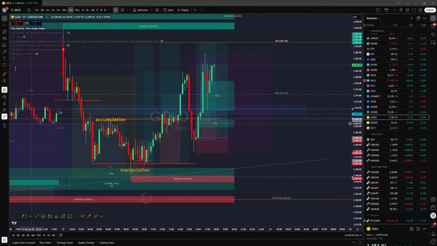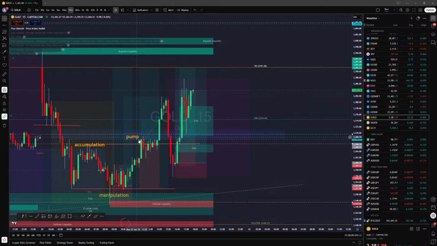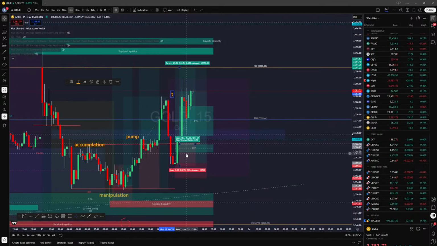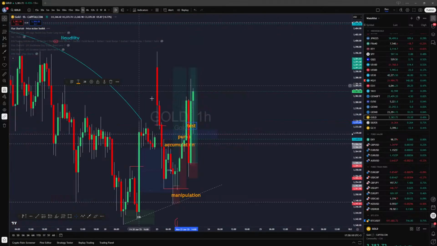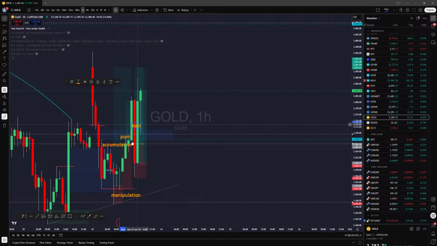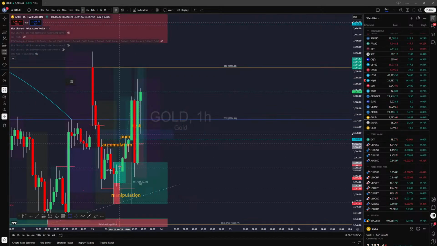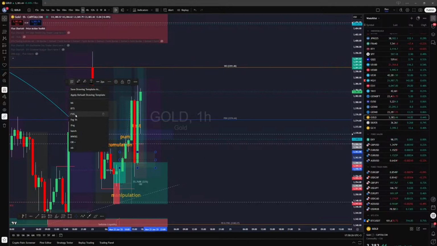Then we have the pump. The fourth stage is the test. Usually it tests some fair value gap or some order block. In this case it was a fair value gap here, this one.